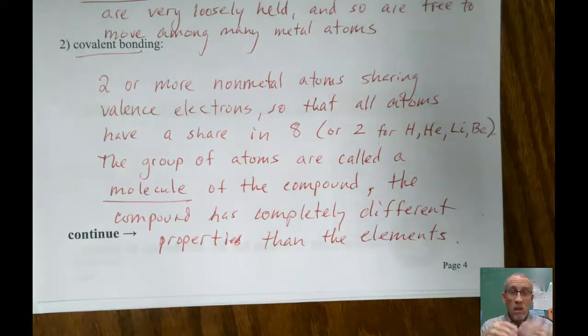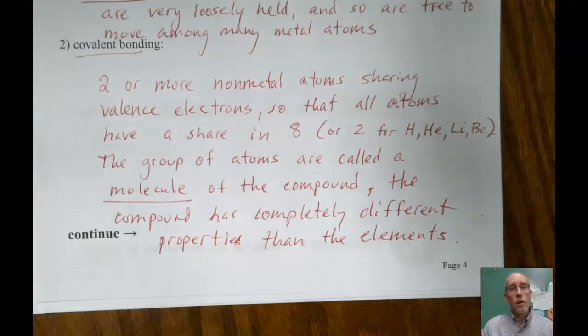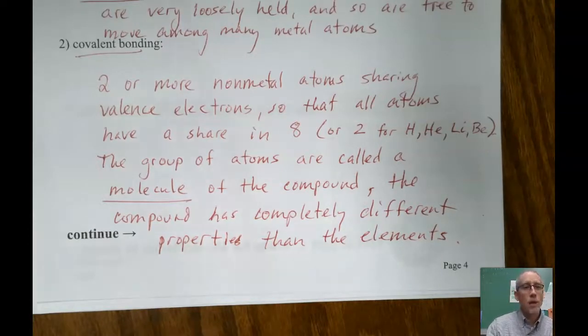Hydrogen is a very light, clear, colorless gas. It's actually explosive. In chemistry class, you might explode some hydrogen. Oxygen, also a clear, colorless gas. I mean, those things are in the air around us. You can't see them. But what do we get when we bond two hydrogen atoms to an oxygen? We get water, the compound called water. And the compound water certainly is not explosive. It's not a gas. It has totally different properties than the hydrogen and the oxygen that make it up. So again, kind of an easy example if you think about hydrogen, oxygen, and then the compound water.